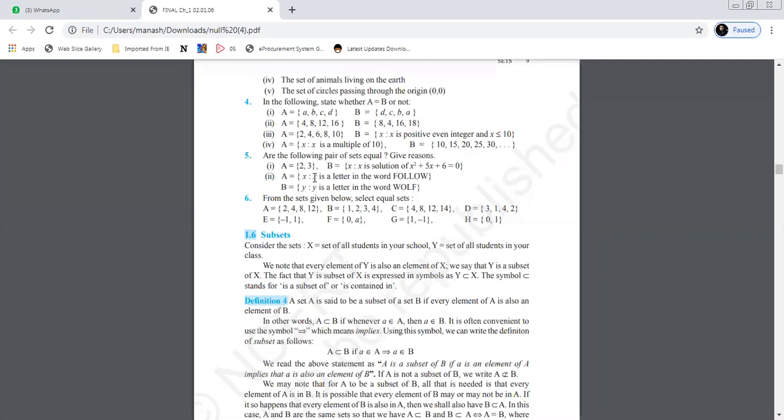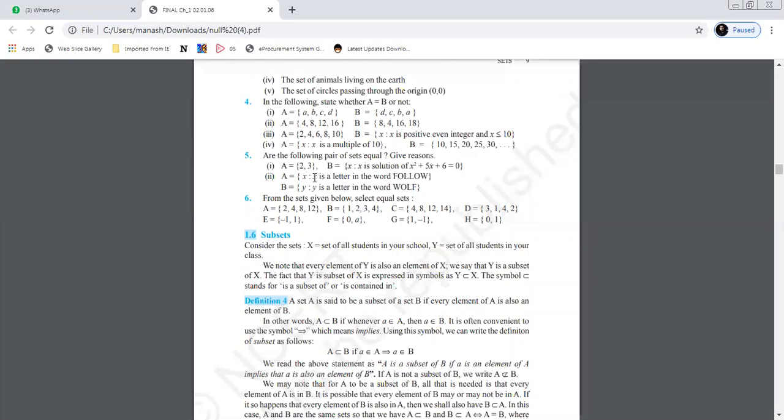After taking X common, X plus 2 is left. From the next two terms, if you take 3 common, X plus 2 is left. That means after factorization you get (X plus 2) into (X plus 3) equal to 0.